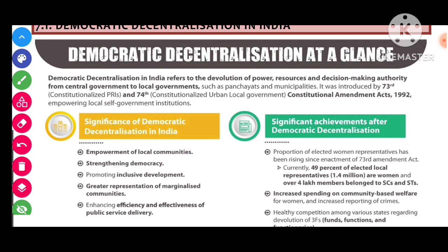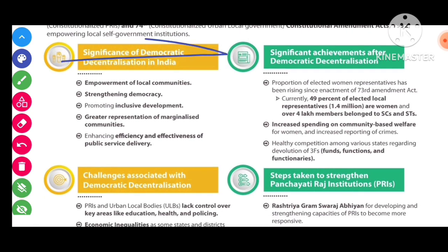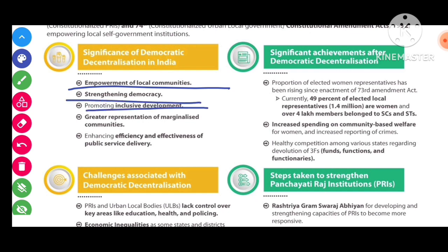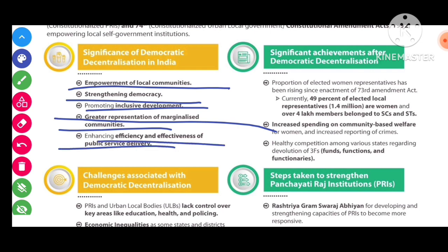Okay, and what is the significance of democratic decentralization? Empowerment of local communities, strengthening democracy, inclusive development, greater representation of marginalized sections and communities, and efficiency and effectiveness of public service delivery.